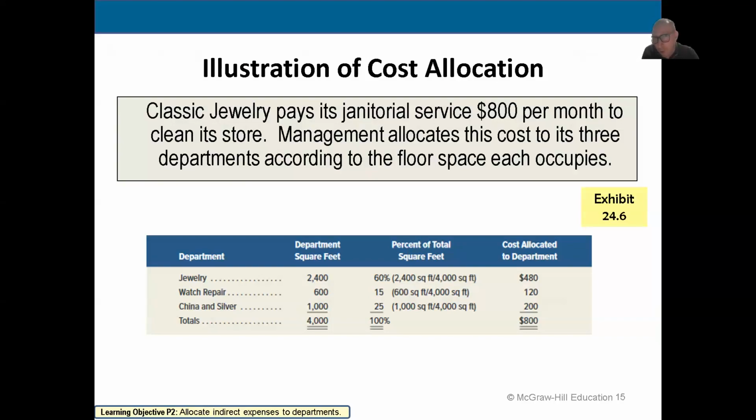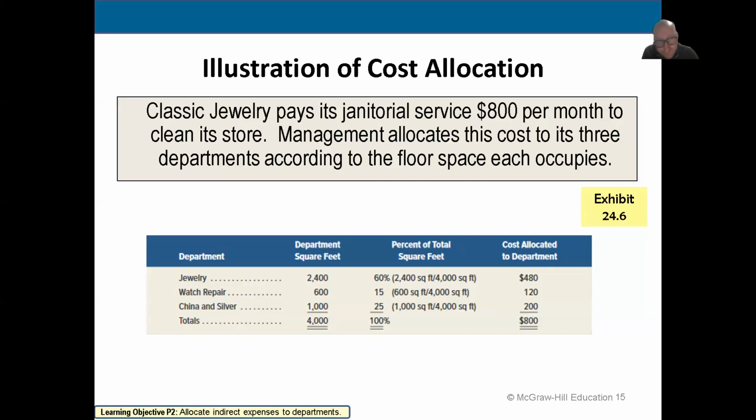A company comes and cleans the whole store. First, we've got a big store here. It's 4,000 square feet. We sell jewelry, watches, china and silver. We also have a watch repair department.